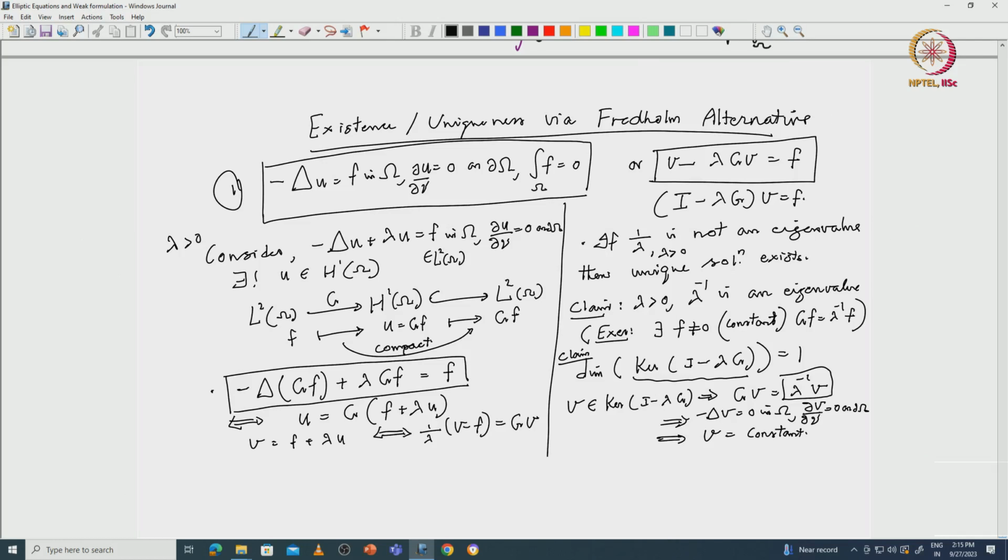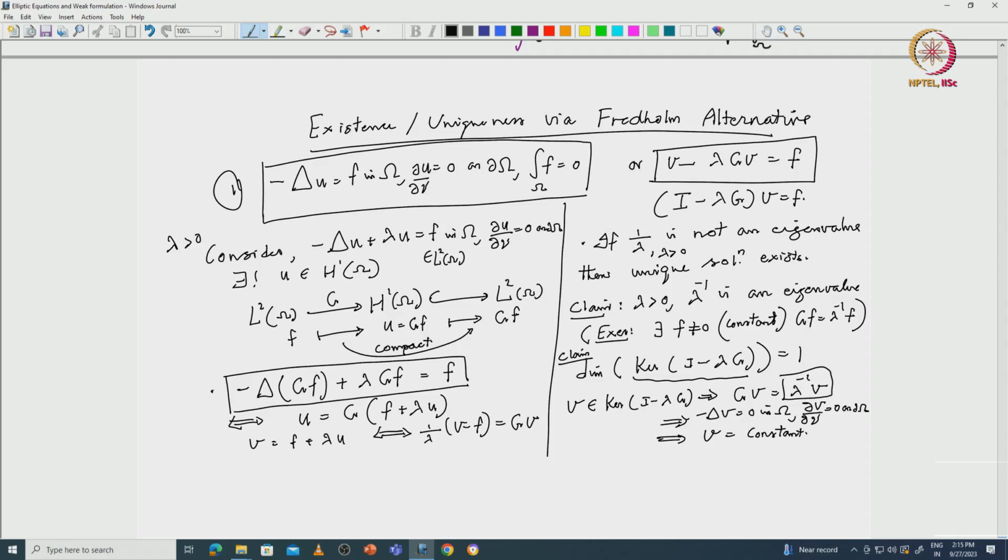So what you have to do? The thing is that, and what we have seen, basically the dimension of the kernel of I minus lambda g is actually 1. That also you can say if you want a proof of this.